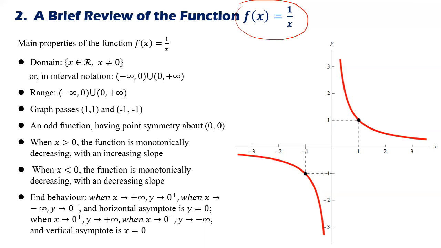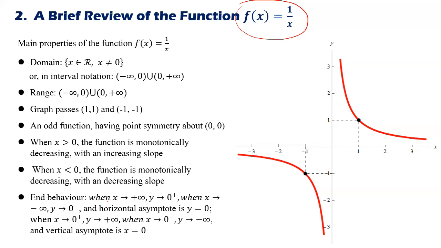Although this function is monotonically decreasing, the slope is increasing, right? And when x is less than 0, the function is monotonically decreasing, but this time with a decreasing slope, right?